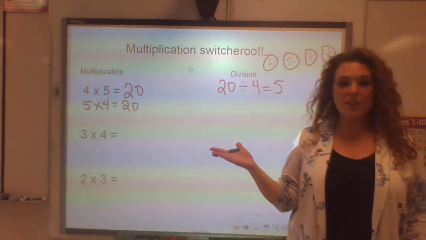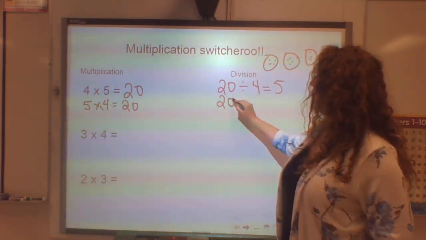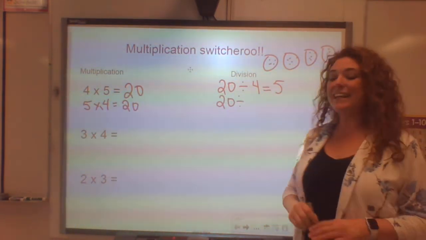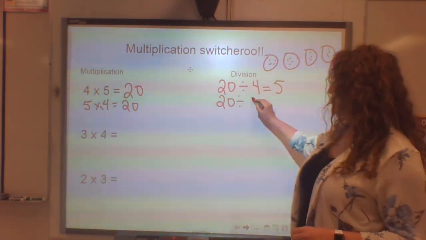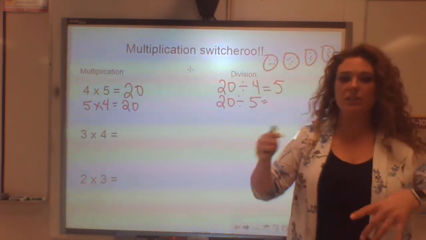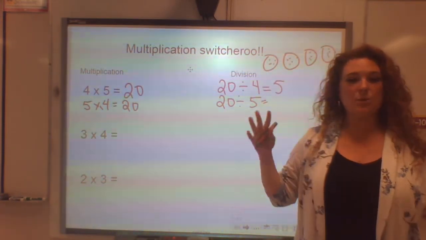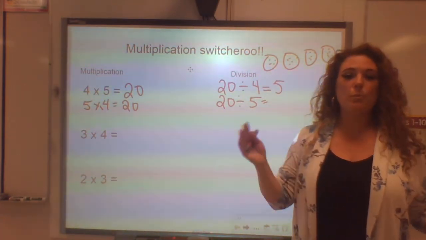Now, on the reverse, the same thing can be true. My other option is I can have 20 and I can make 5 groups. Same thing: I can draw my 5 circles and divide them out evenly, I could do a number line, I could do my leapfrogs all the way down, or I can just do repeated subtraction.